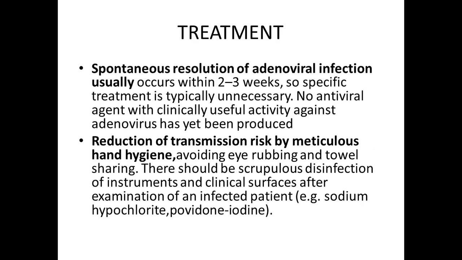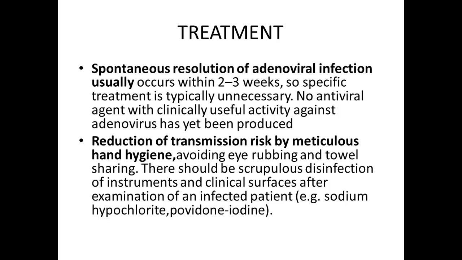For treatment, there's usually spontaneous resolution of viral infection within 2 to 3 weeks. So no specific treatment is typically necessary, and there is no antiviral agent we use. Like I said earlier, it's self-limiting. So basically, in viral conjunctivitis, you don't give antivirals. You treat the symptoms: if there's inflammation or redness, you give NSAIDs.